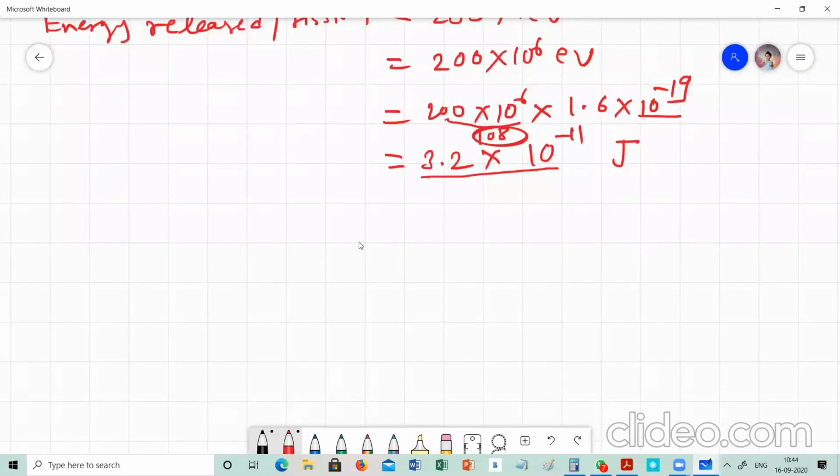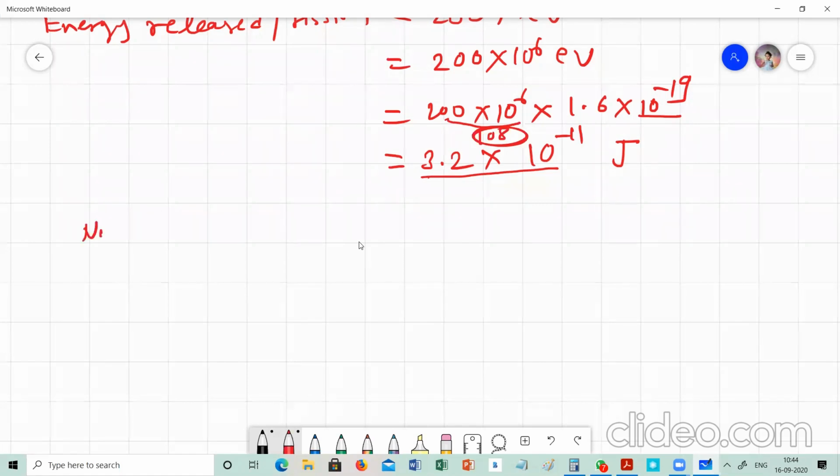Okay, so total energy released by all the atoms in an hour will be equal to... for that we have to calculate the number of atoms fissioned per hour.